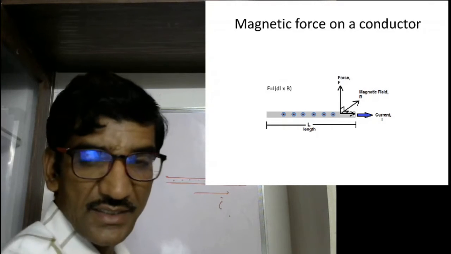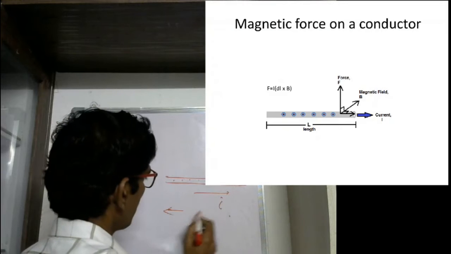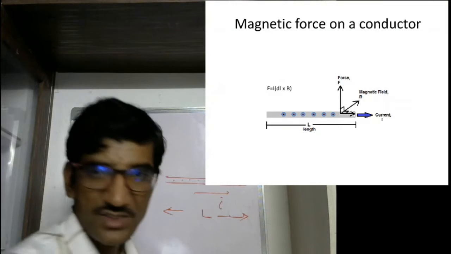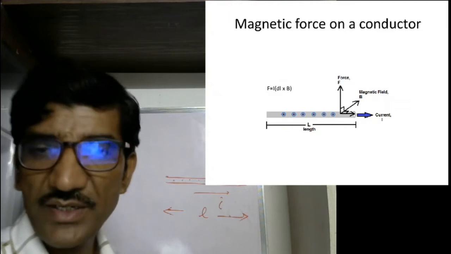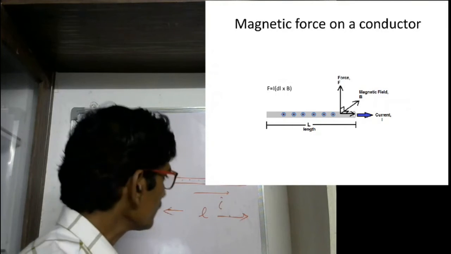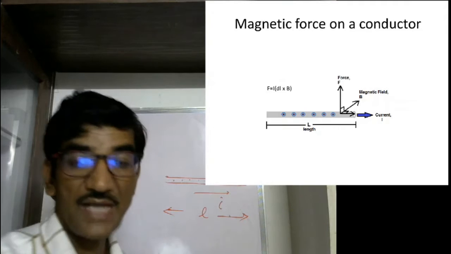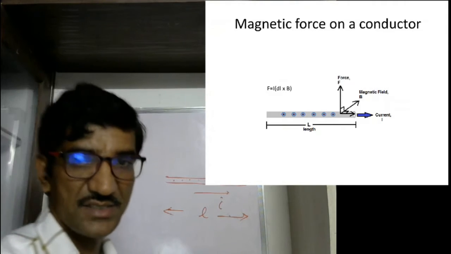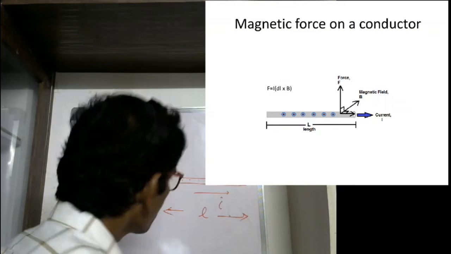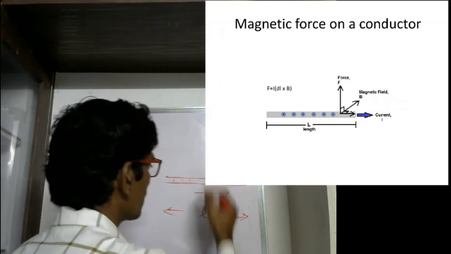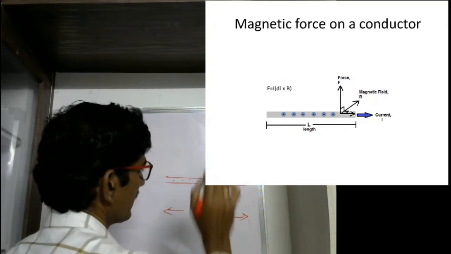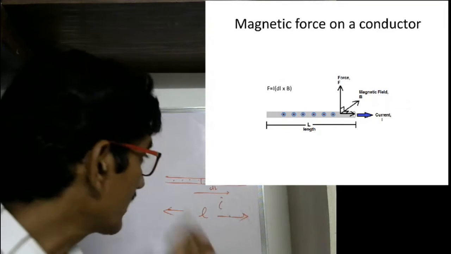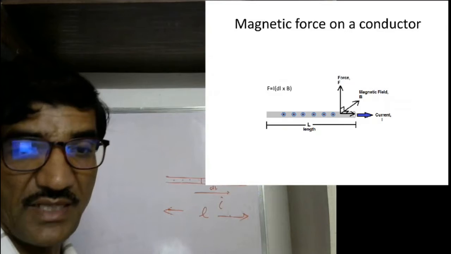Suppose the length of this conductor is L. Now what will be the force acting on this conductor, not a single charge carrier? For that you take just a small element of this length, dl. How much charge will be there in this dl length? dq charge will be there.